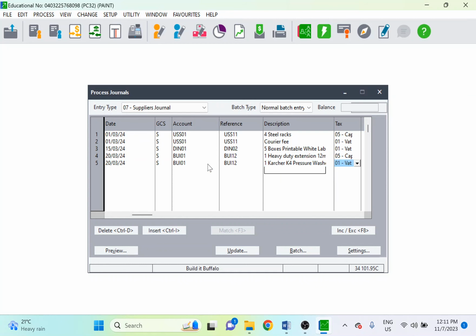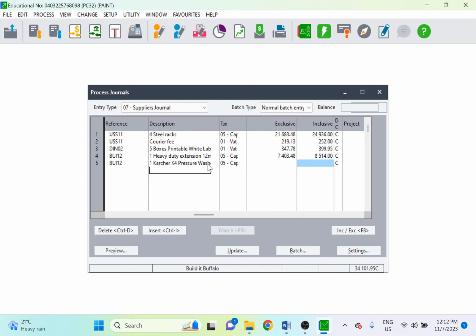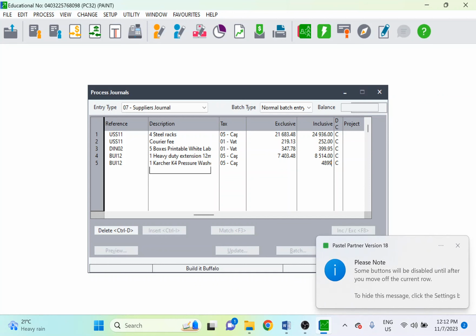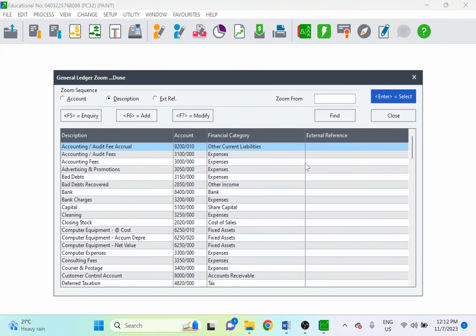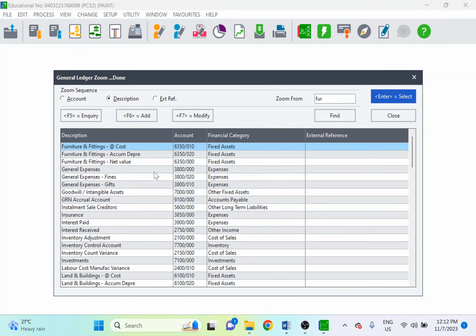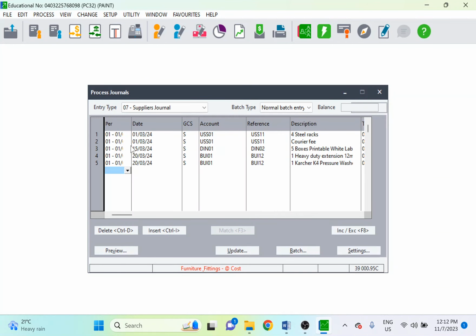Pressure washer is also furniture, so it takes 05. Total it's 4,899. And then under contra account, search for furniture and fittings at cost. That is how we're supposed to do all three non-stock invoices.